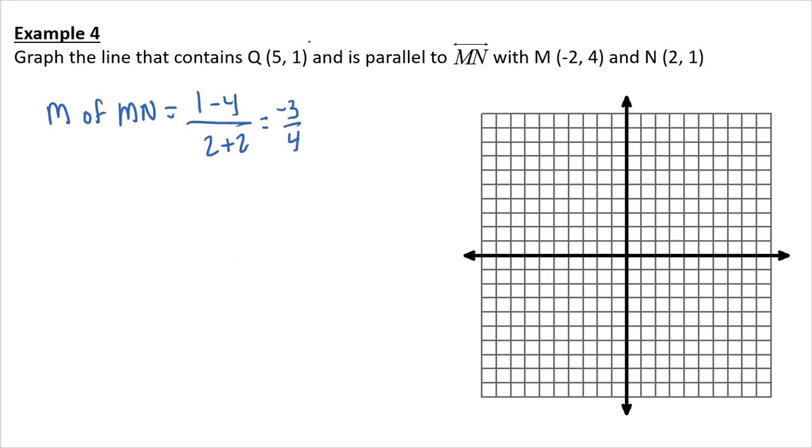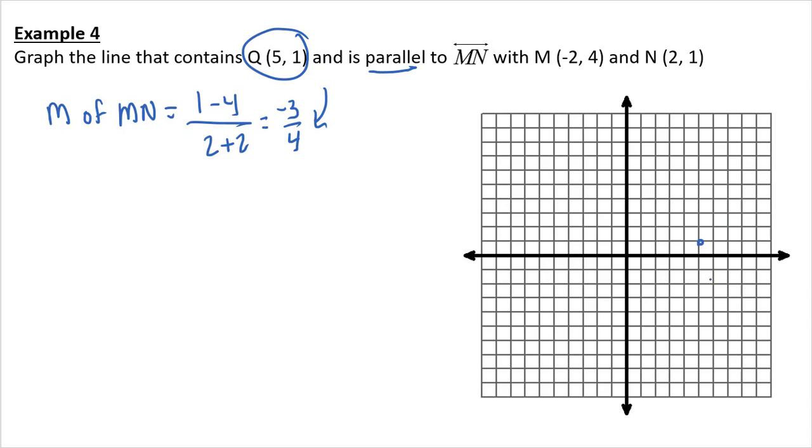The line that contains this point has to have that same slope since it's parallel. So I have the point 5, 1, and it has a slope of negative 3 over 4.